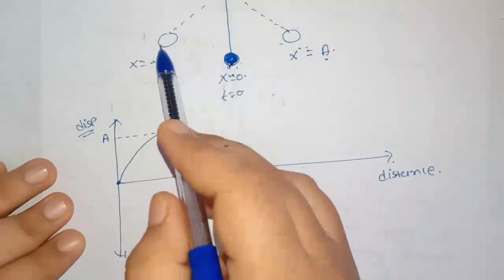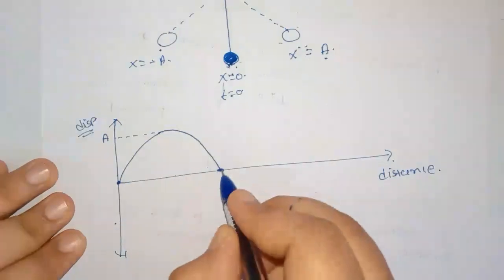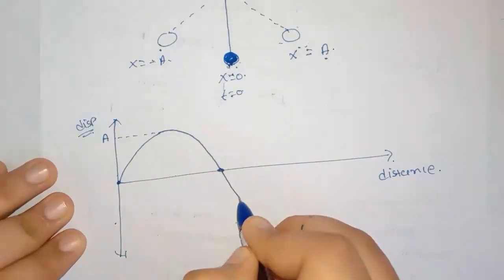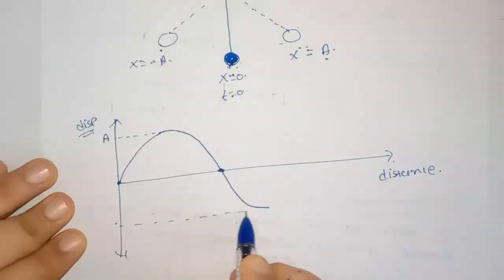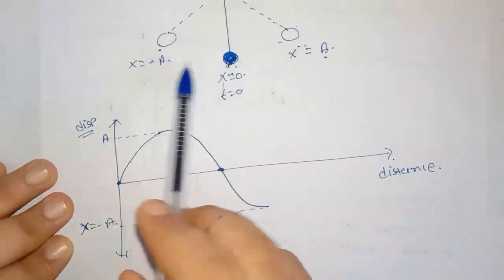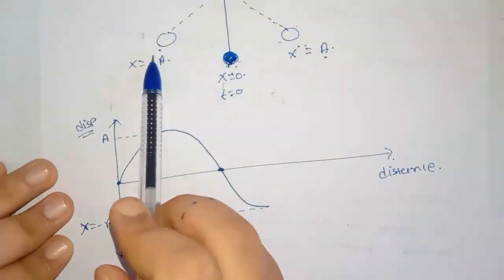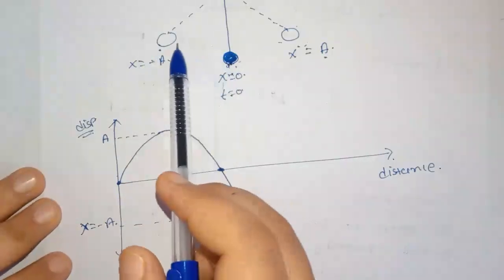As it is moving in the opposite direction, we will take this as negative. So it will move in the opposite direction, x is equal to minus a. Again, even if it is moving in the opposite direction, the distance is always added, so distance is increased.